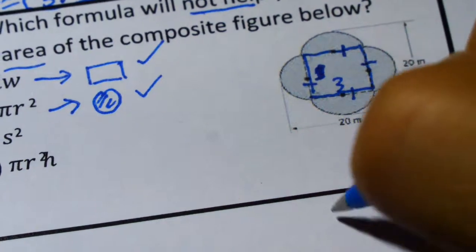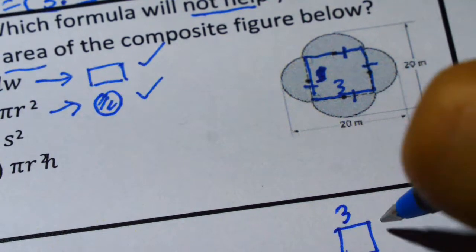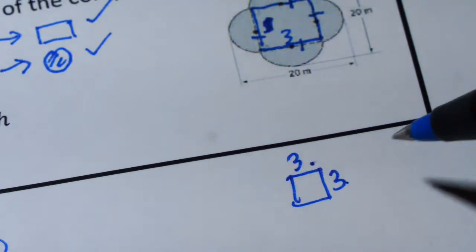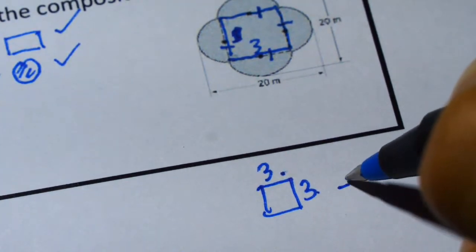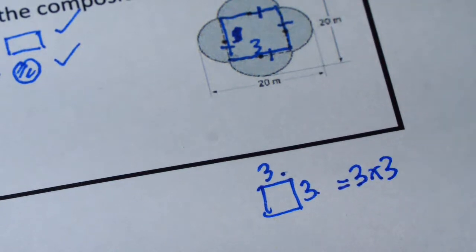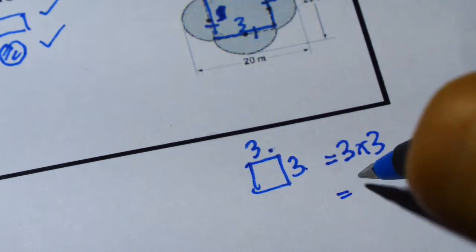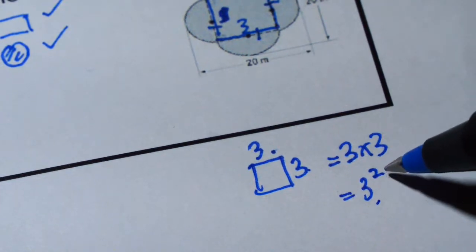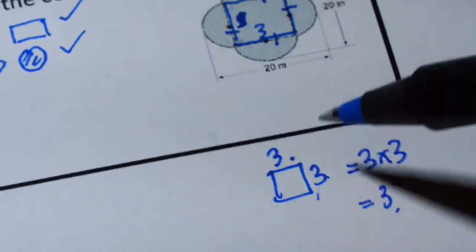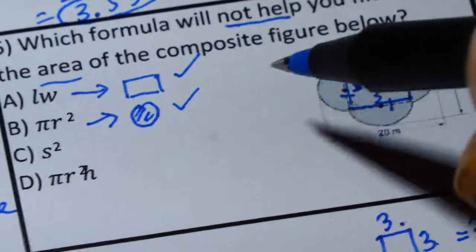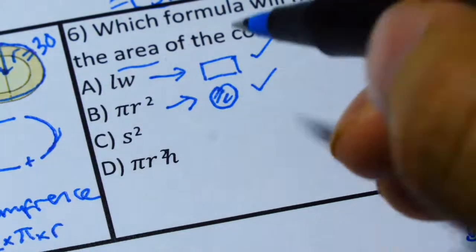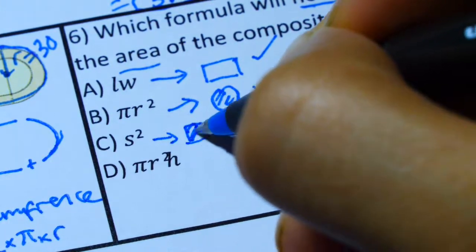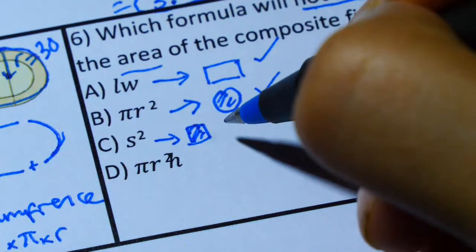If I have a square, that's 3 meters by 3 meters. The length times the width is 3 times 3. The area is 3 times 3, or 3 squared. Okay, 3 squared is the same as 3 times 3. Now because this is a square, S squared is helpful. It helps because it's the area of a square. So this helps.